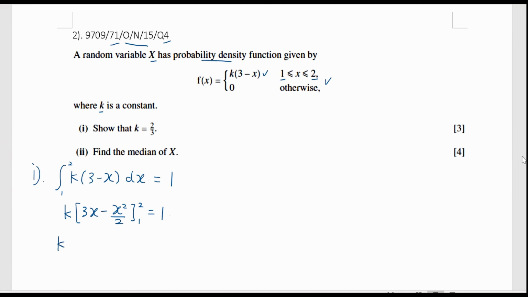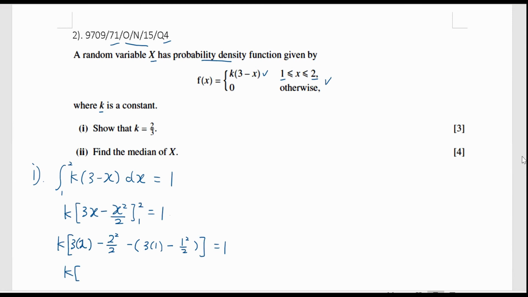Okay, we sub in the limits. Then calculate from here.